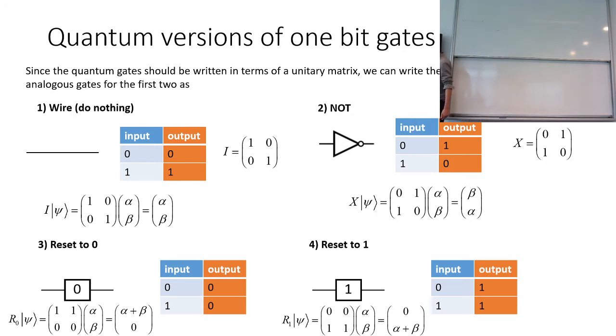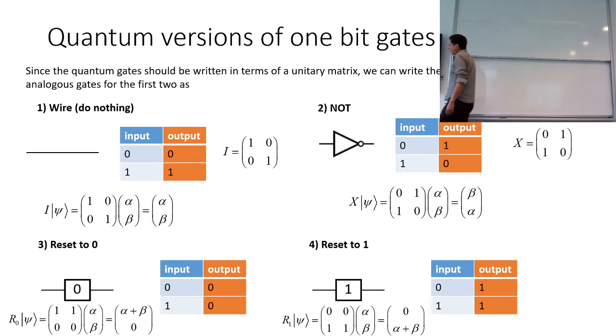We can also certainly do the thing that flips the bit. We've encountered this X gate a few times. The X gate is exactly something like this NOT. So if we had alpha beta, then the output is beta alpha. So it inverts the coefficients.